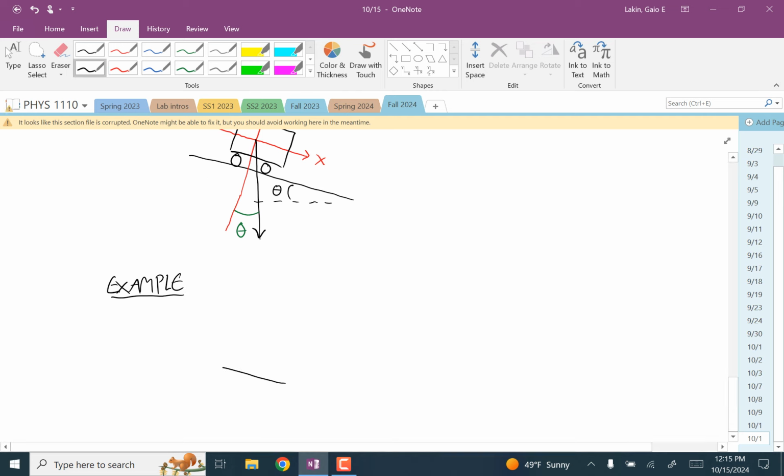Okay, so let's say you have a 20-degree angle and a cart like this. And let's say this cart has a mass of 10 kilograms. And we want to know what's the acceleration vector of the cart.